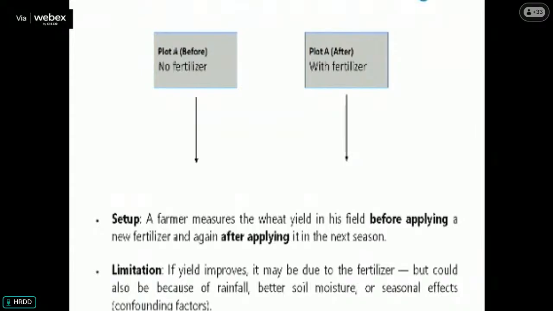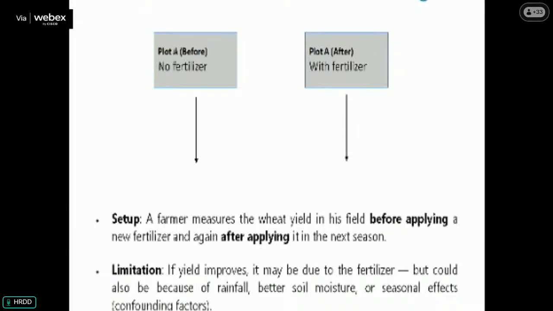Then other farmers will be inspired and start introducing that fertilizer in their fields. This study is relevant in agriculture, helps in increasing product yield, and helps us too, as we are directly linked with farmers. This is an example of the simplest informal design, that is, before and after without control.